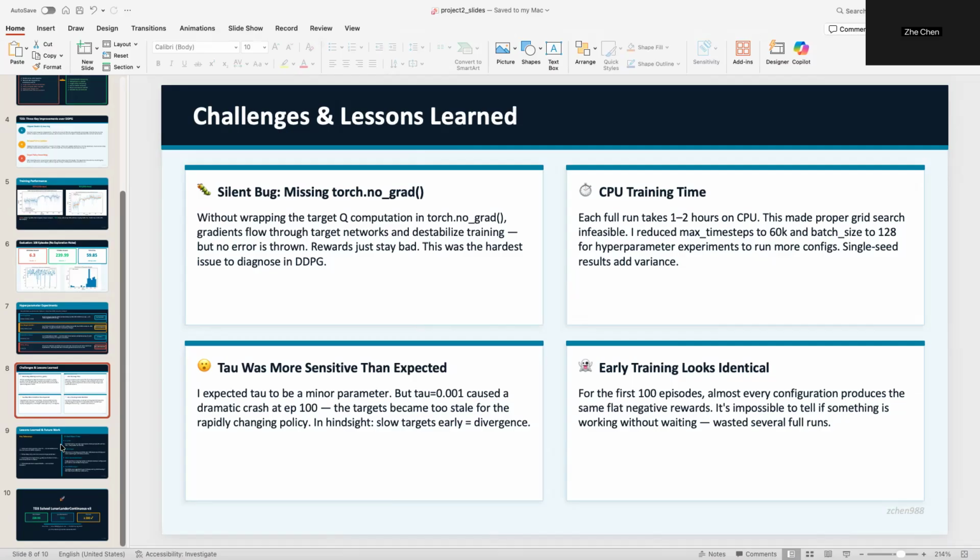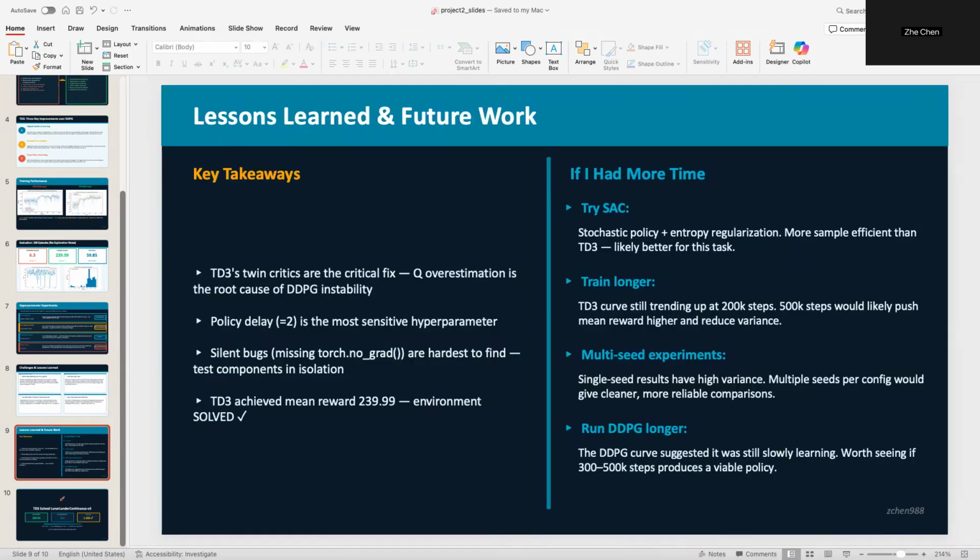And lastly, the lessons I learned. The first one is that Q value overestimation is a major source of instability in the DDPG algorithm. This is why TD3's twin critics are so important.